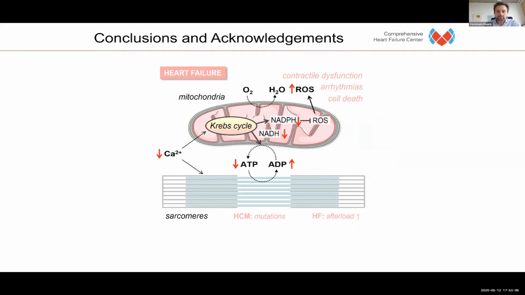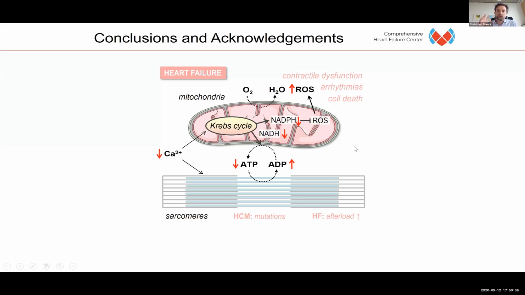So altogether, heart failure is a condition where a mismatch between calcium-induced stimulation and workload-induced oxidation of the redox pool of the Krebs cycle can lead to oxidative stress, and these ROS can, to some extent, induce contractile dysfunction and cell death, as we have shown in systolic heart failure models, but also even in the short term contribute to arrhythmias, as I've shown you in hypertrophic cardiomyopathy.